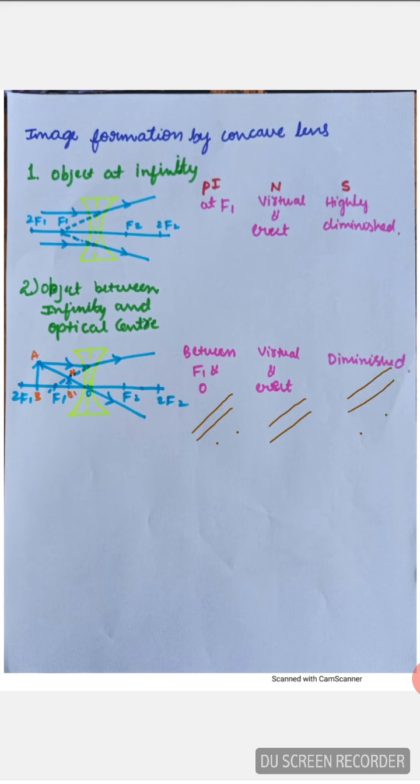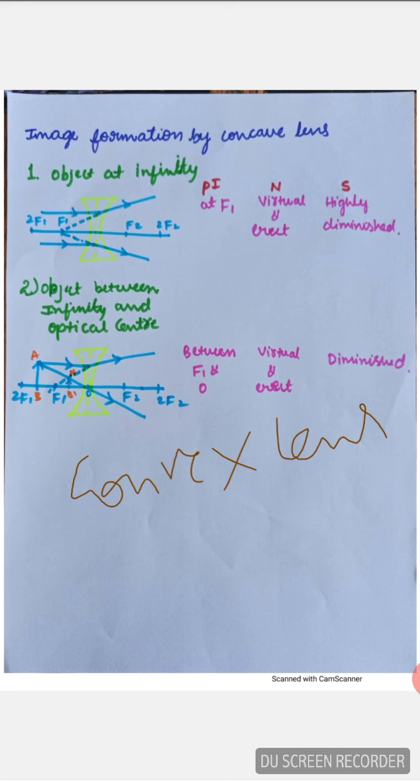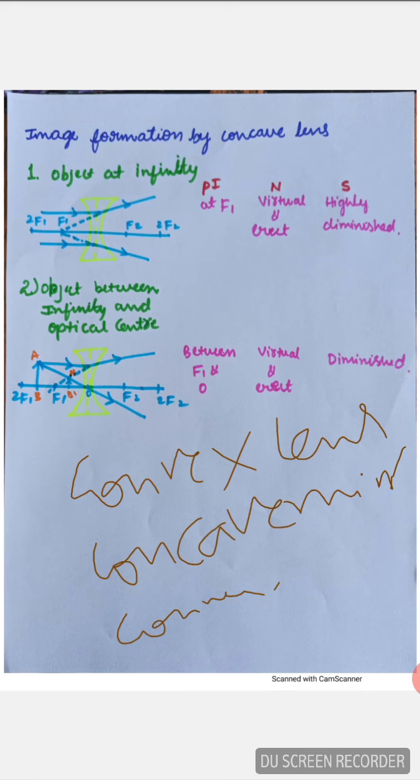Hope you have understood. One thing I want to say is, in the case of lenses, whatever image formation, size, position and nature of the image you follow in the case of convex lens will be almost similar to concave mirror, whereas concave lens will be similar to convex mirror.